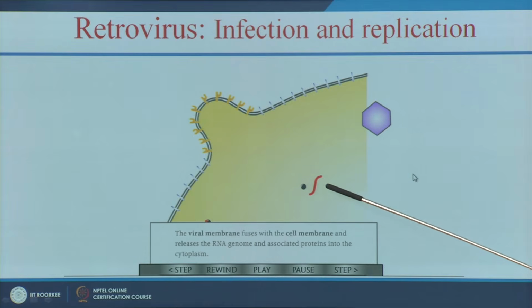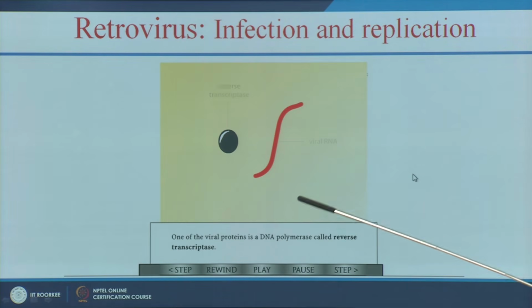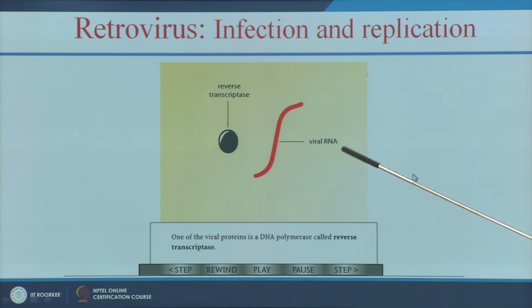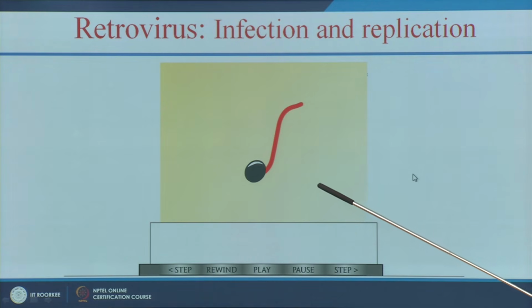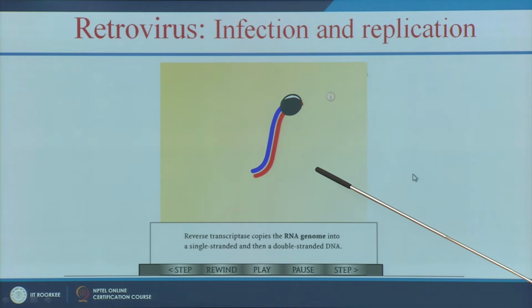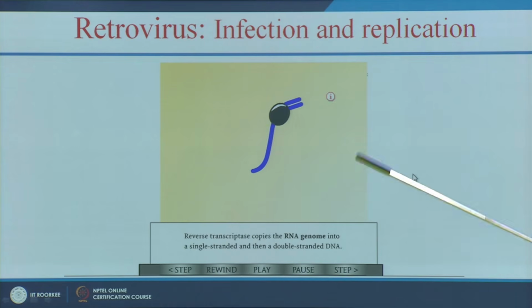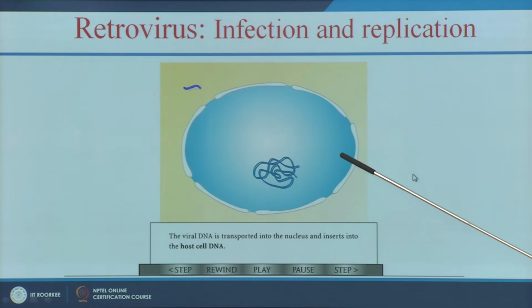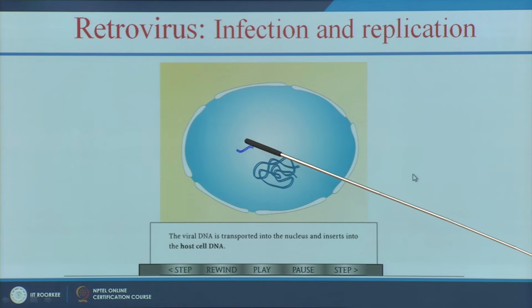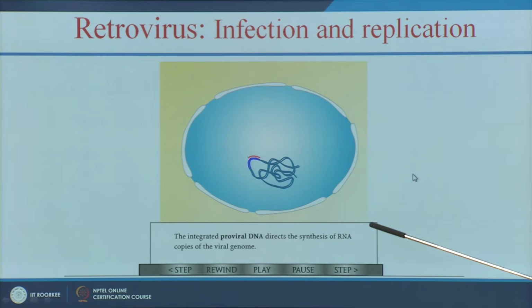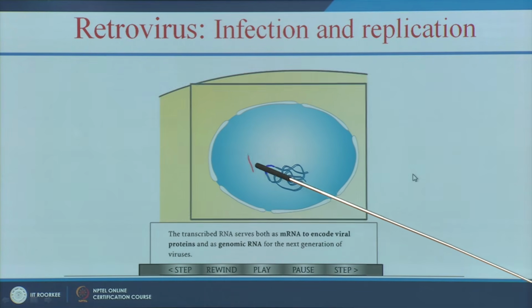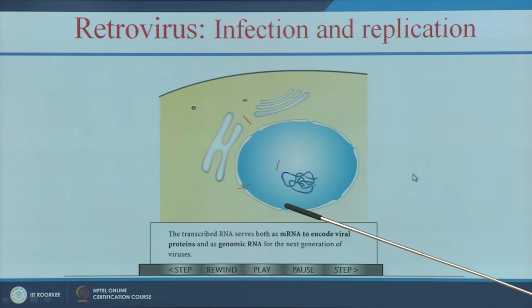So once it is attached, it is releasing the nucleic acid, and the nucleic acid is made into copies, and this nucleic acid is going and integrating with the mammalian cell genome. And it is making multiple copies of the viral genetic material.